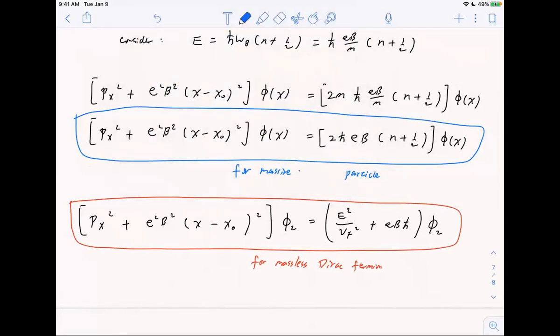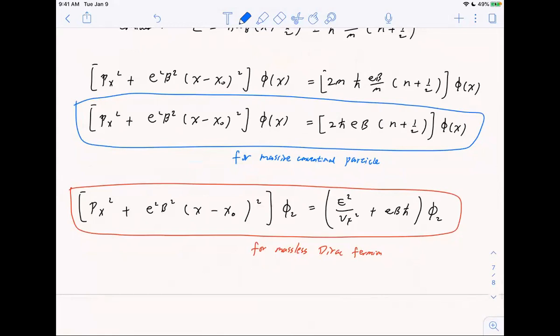Conventional means that it is described by the Schrodinger equation. So you see that they have the same form. You just compare: p_x, e squared b squared, e squared b squared. This term are the same, and this is a constant. These are the energy term. This is also a constant term. So by comparison, you already know that the solution of this equation just follows straightforwardly from this equation.